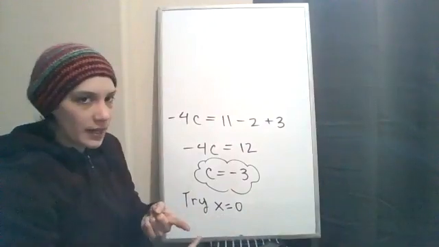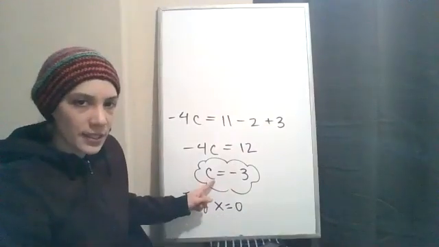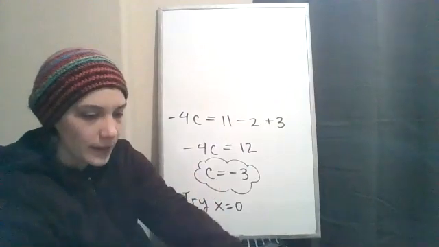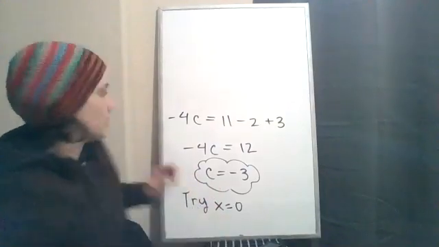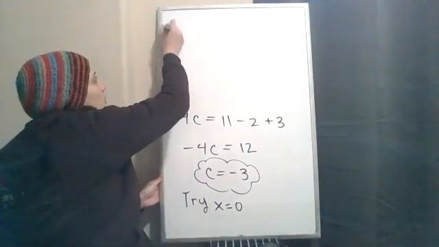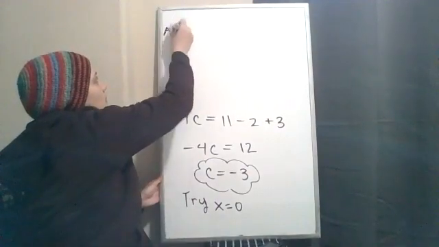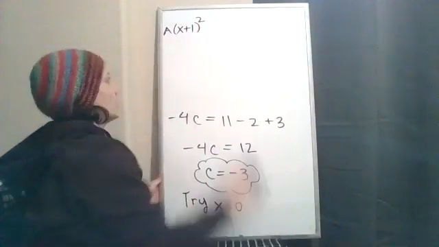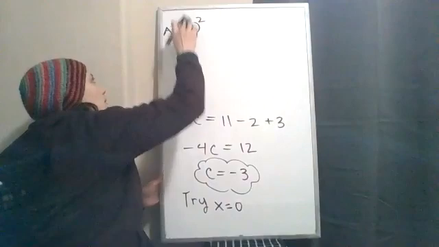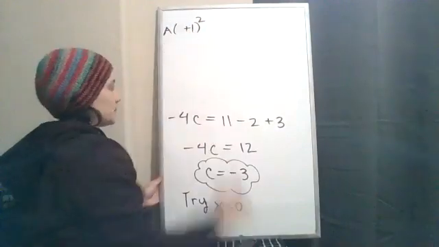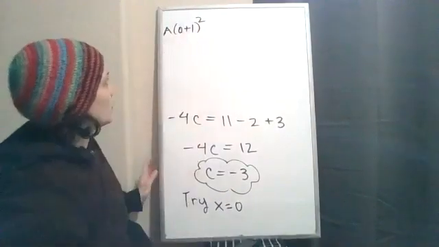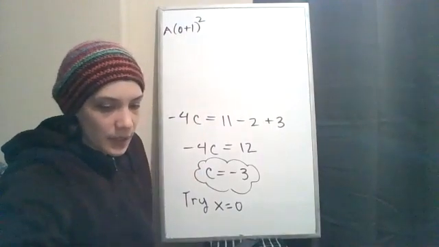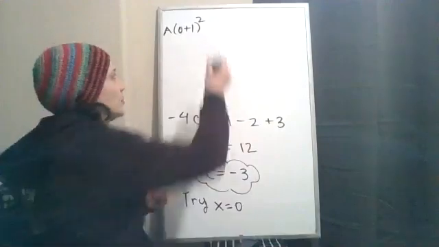So we're putting a 0 in for x, we're putting a -3 in for c, and then we'll see if we get a or b out of that. A times x plus 1 squared. Oh, we're putting in 0. Cool. Next. Plus b times 0.